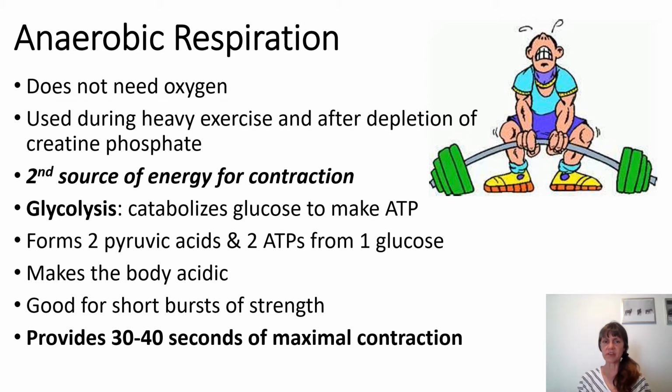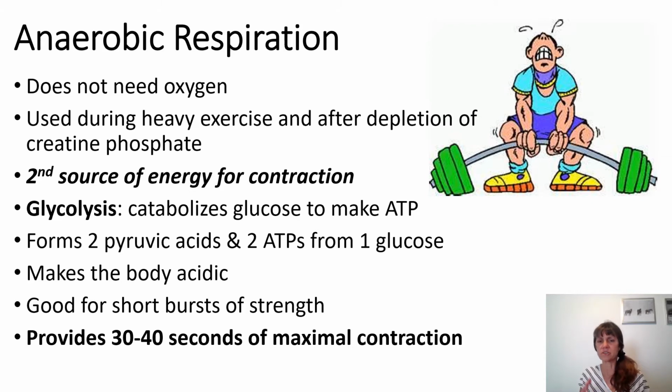The second source of energy for contraction is going to come from glycolysis, where we break down glucose to make adenosine triphosphate. And breaking down glucose forms 2 pyruvic acids and 2 adenosine triphosphate molecules from 1 molecule of glucose. Now, this makes the body slightly acidic. However, it's nothing that is going to take a person beyond the boundaries of function.